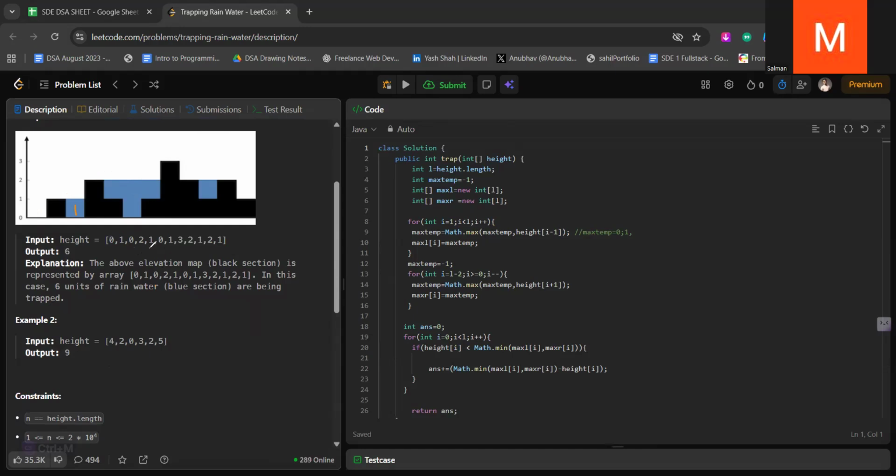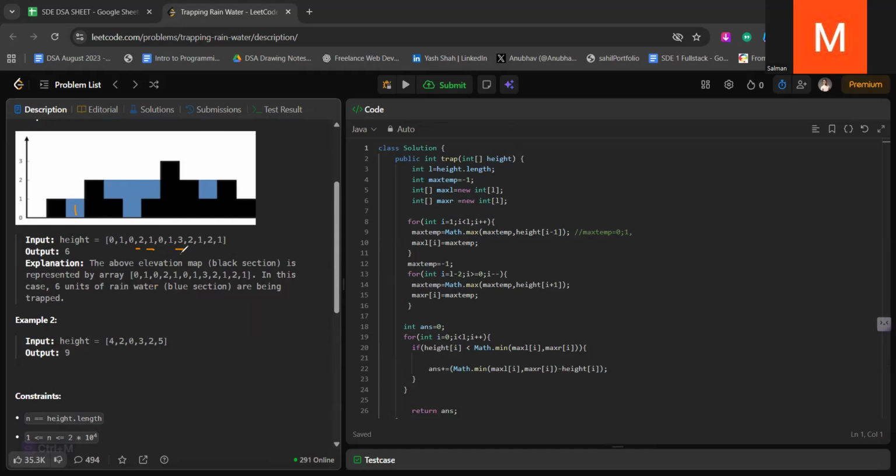Now let's move on to our fourth element, which is 1. Now see how much is the left boundary of this fifth element. The left boundary is 2 and the highest boundary on the right side is 3, right? So it will store how much?